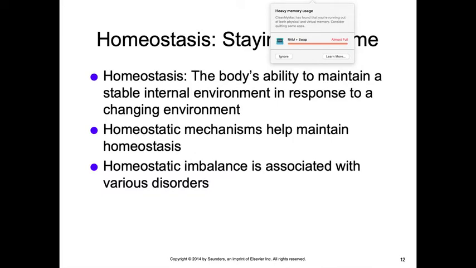So the idea with homeostasis is that there are structures in the body that monitor these conditions, and the first structure that we run into is the receptor, which is able to detect changes that need to be acted on.